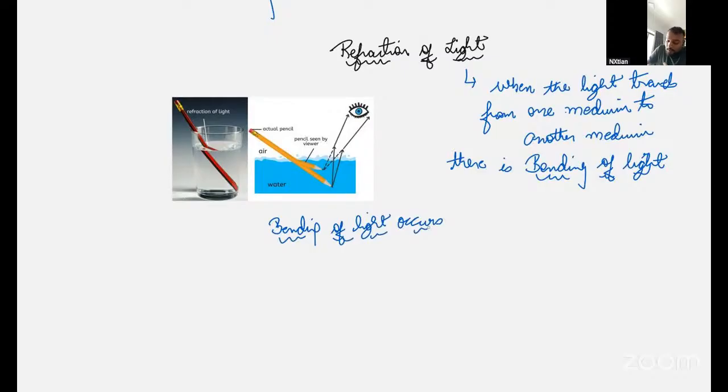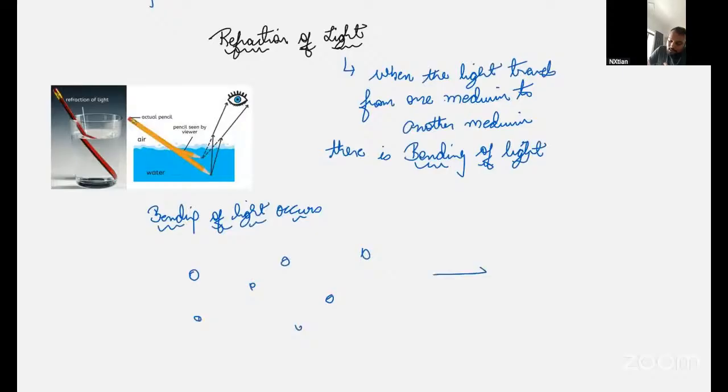the light at first was in air. Air particles are very far away from each other. Now the light enters into the water. Water particles are near to each other, not as much as a solid, but like this.